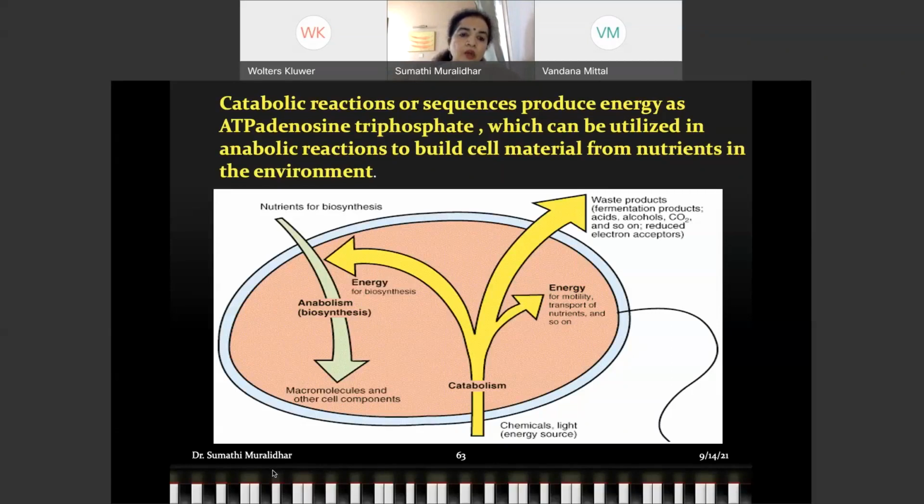The bacteria biosynthesizes all the macromolecules, proteins, carbohydrates, lipids, etc. And once these are built, they are again broken down for release of energy. So again, that is broken down into certain waste products, that is acids, alcohols, whatever it is. So simultaneously, catabolism and anabolism are happening.